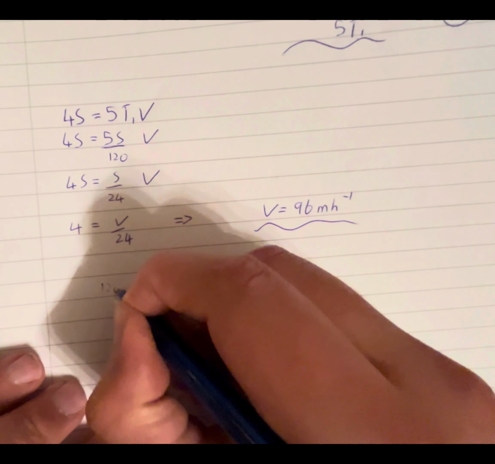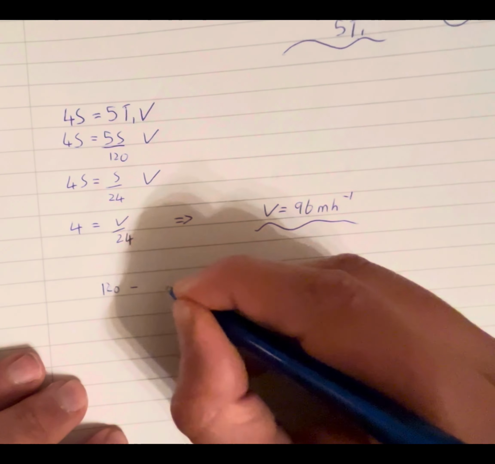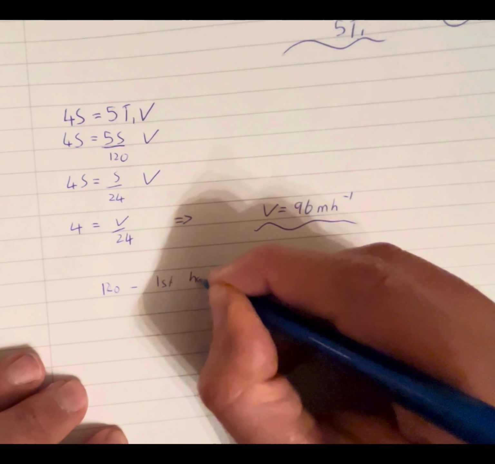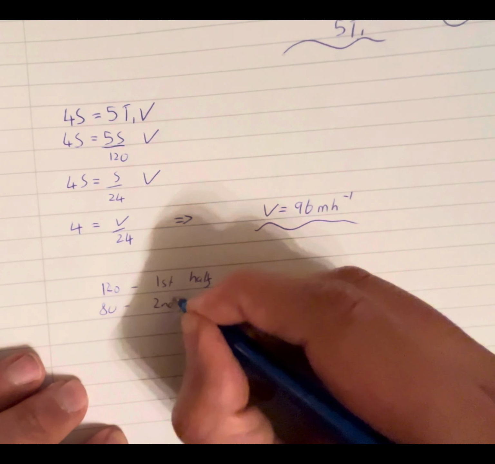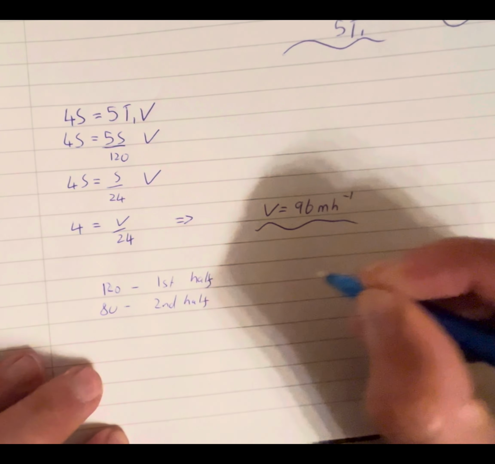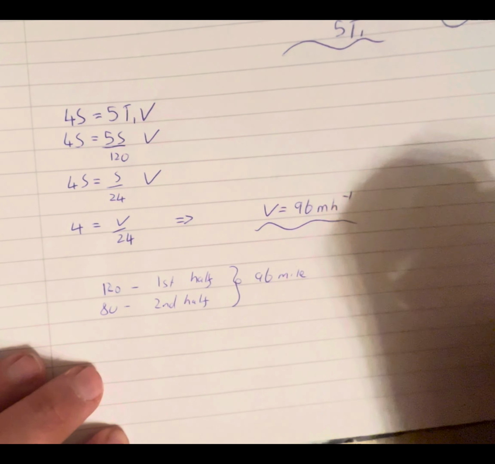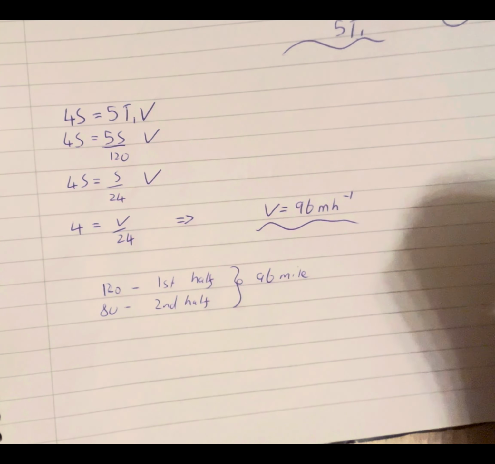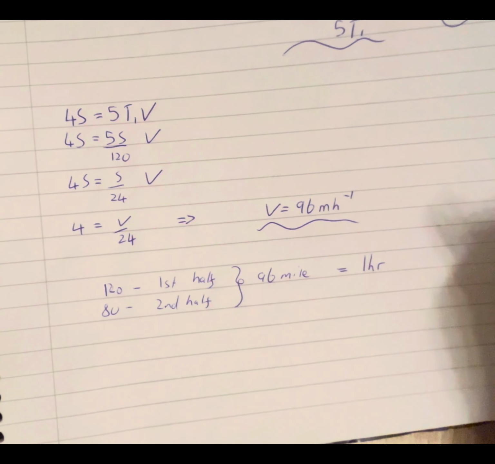If you traveled 120 for the first half, and then 80 for the second half, on a 96-mile journey, you would get there in 1 hour. We just worked that out here.